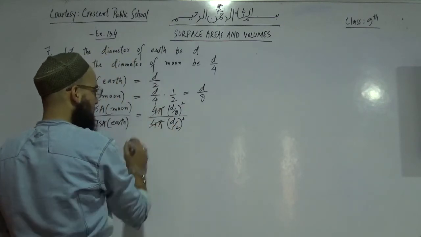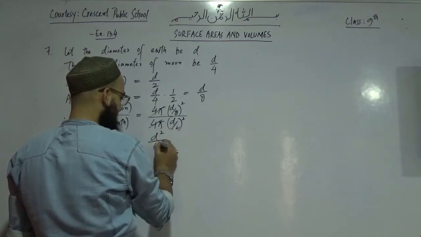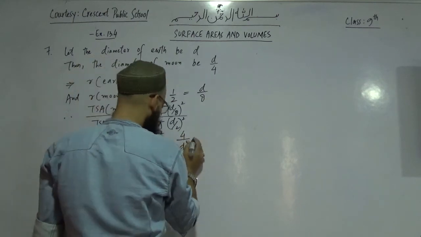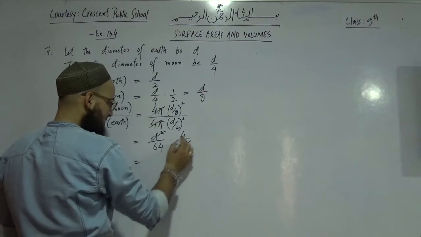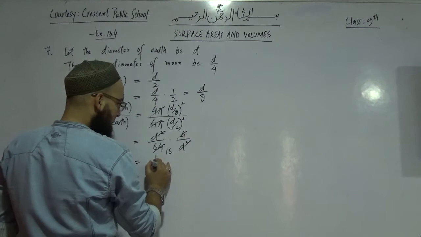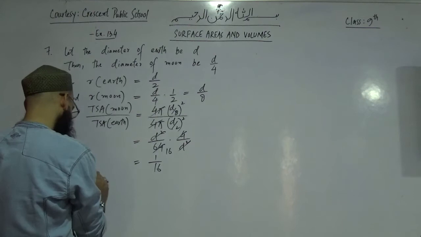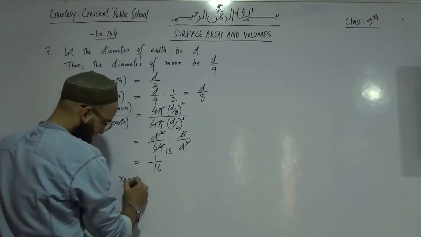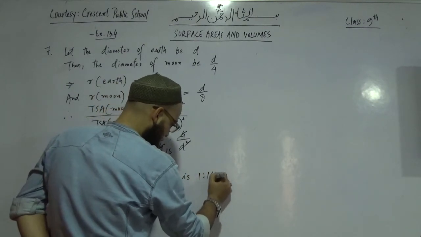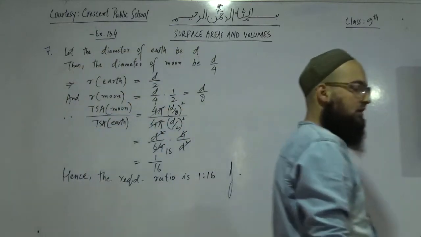Good. 4 pi will go. You'll get d square by 64 times 4 by d square. Now d square gets cancelled. 4 ones are 4, 4 16ths. So you got 1 by 16. Hence the required ratio is 1:16, and that's your answer. Make a note.